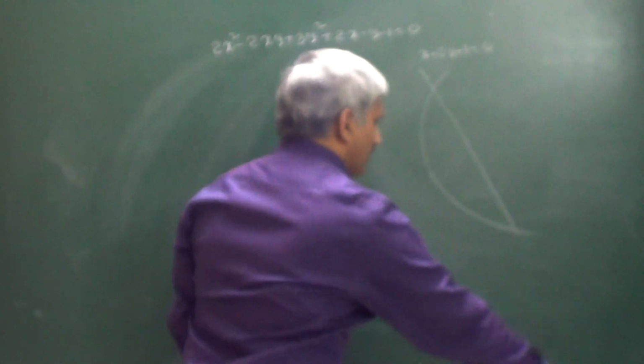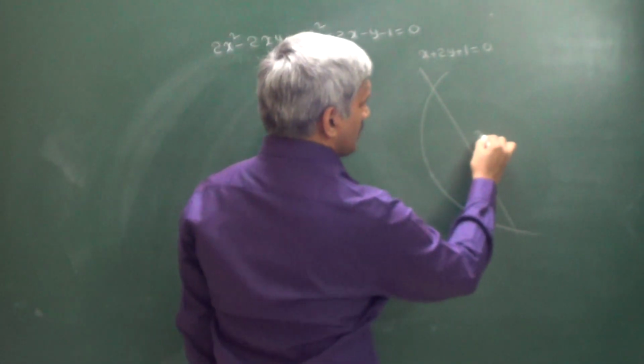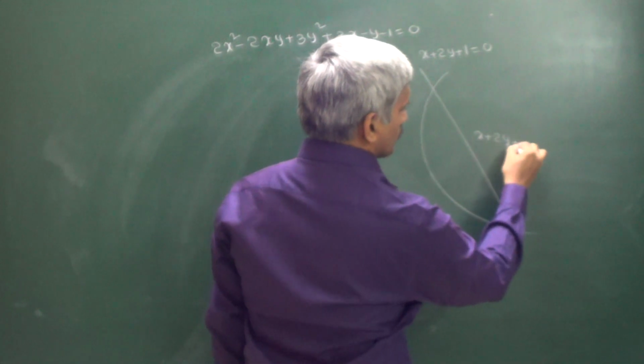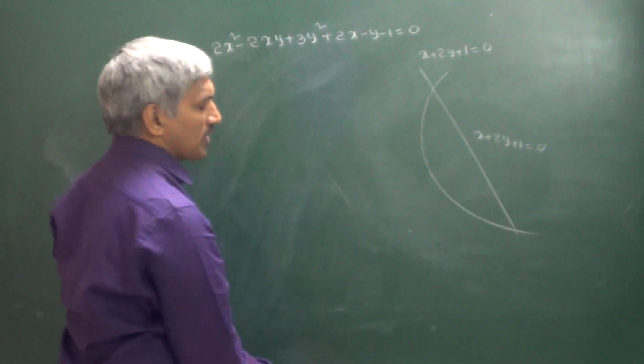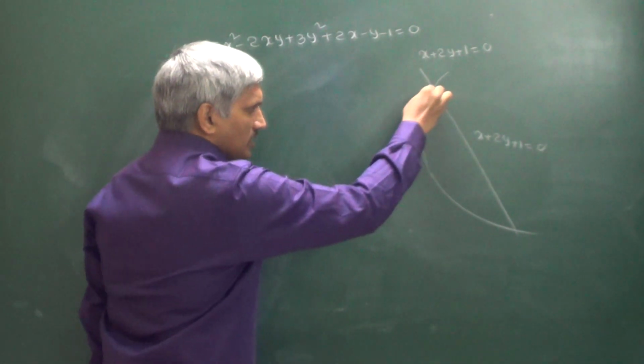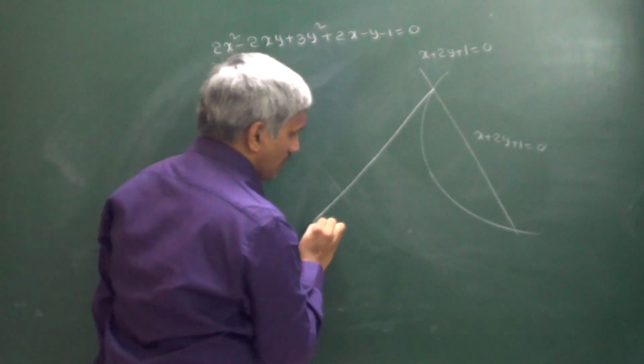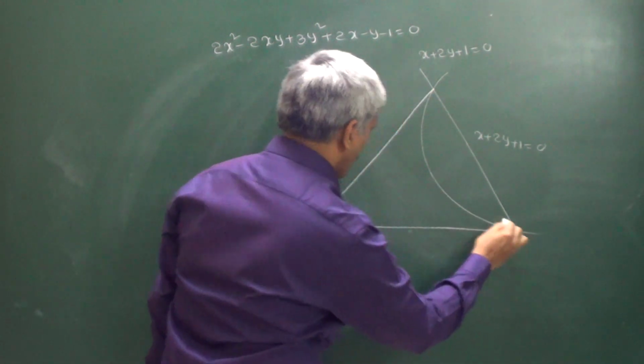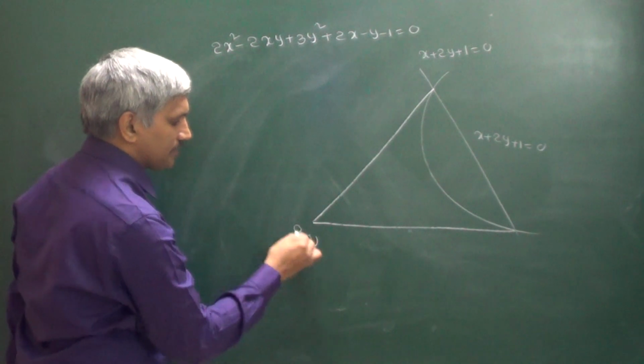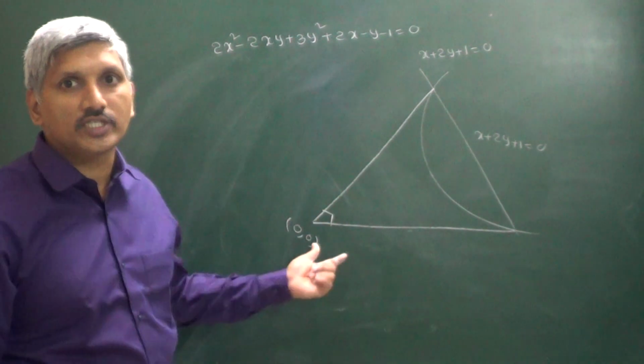So they have given one curve equation, and the line is also given. The line equation is x plus 2y plus 1 is equal to 0. What he is asking in the question is how much angle the line subtends at the origin. He is asking about this angle.